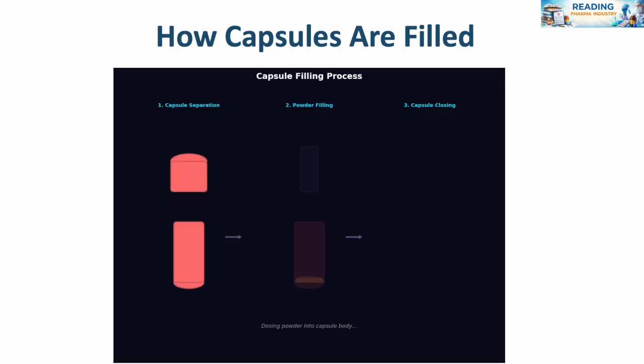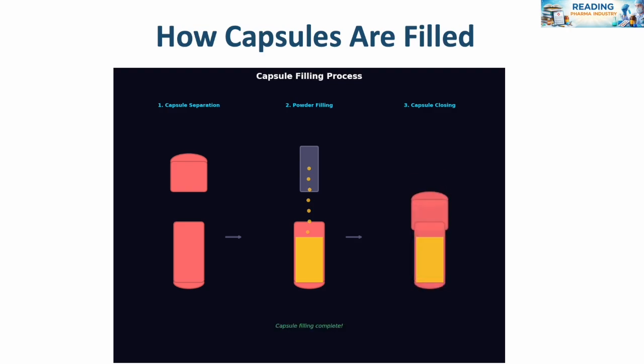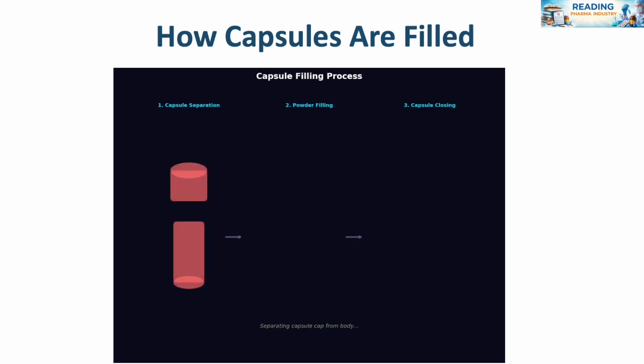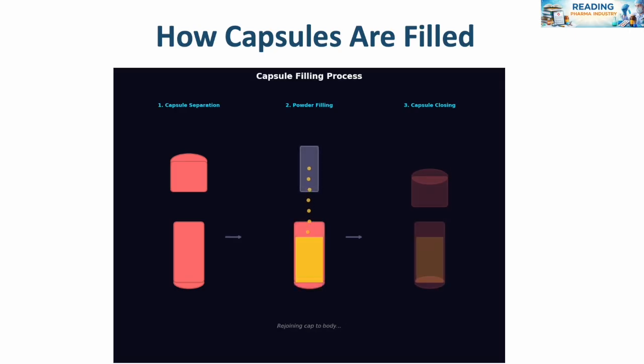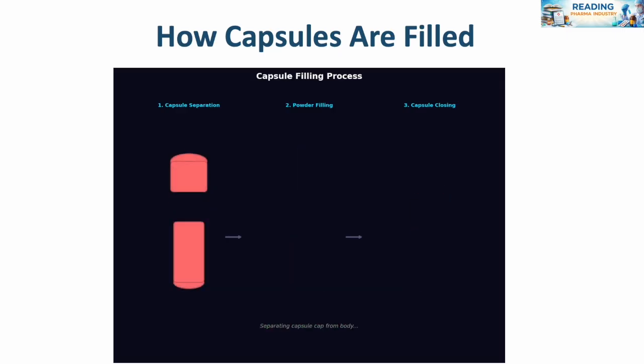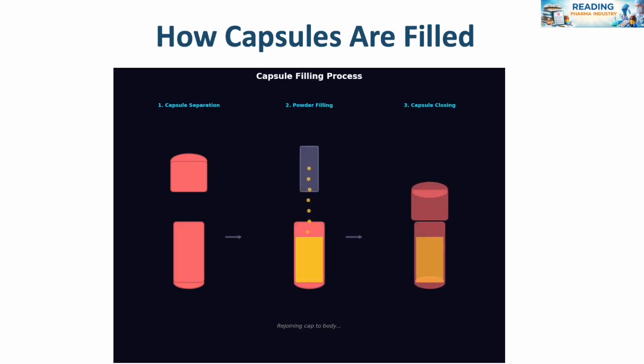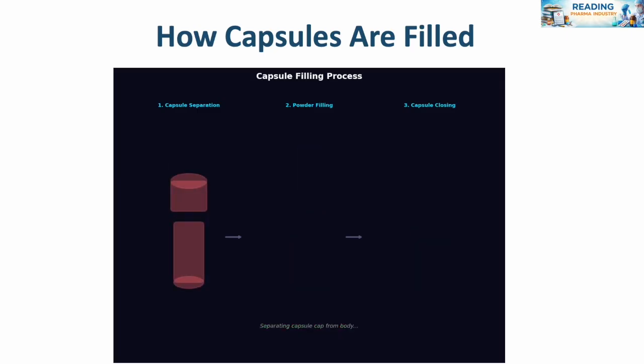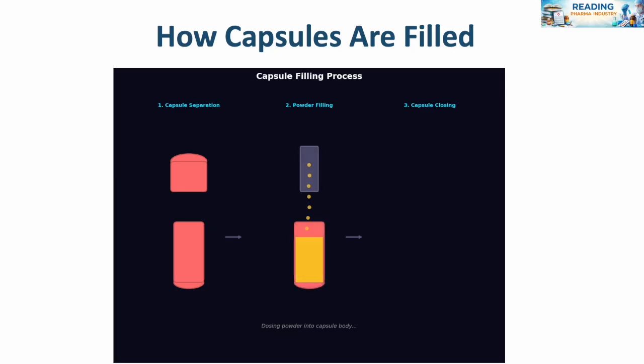The process of filling capsules is more or less intuitive. So you start with the capsule separation, powder filling, and finally capsule closing. This process, of course, is automated, but if you want to compare how you make capsules compared to other dosage forms like tablets, then this is considered more complex, because there are 3 steps here: capsule separation, filling, and then closing.